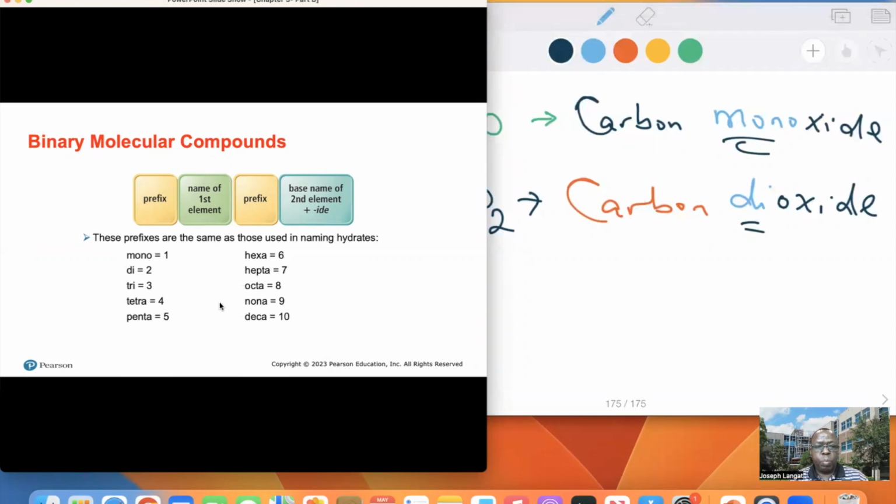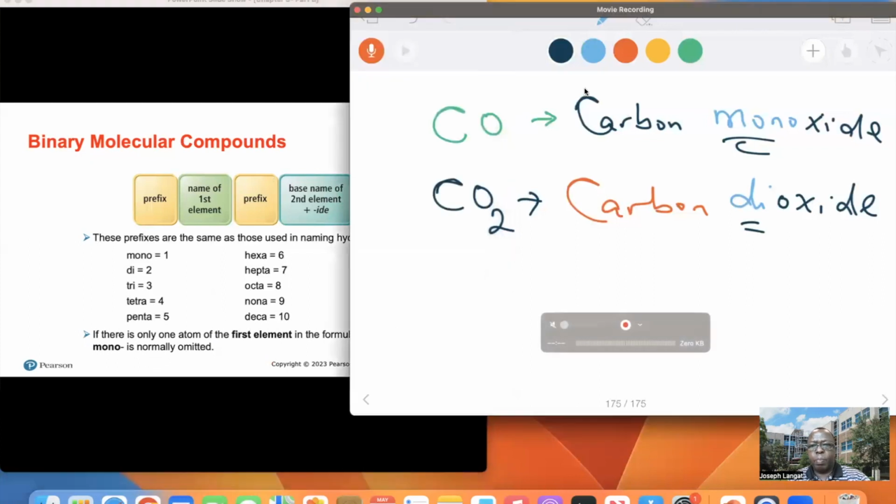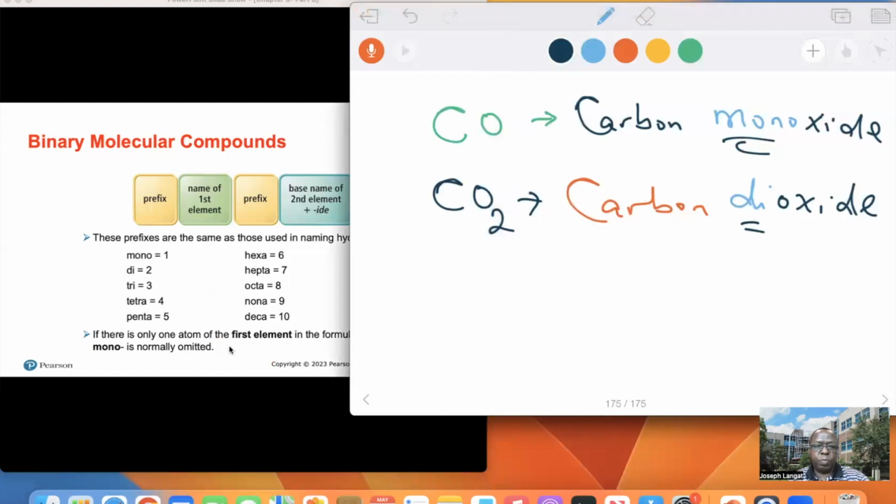This is what you will be using, unlike the criss-cross method used for ionic compounds. Do not think that we use the crossover. If there is only one atom of the first element in the formula, the prefix mono is normally omitted. What does that mean? We do not say monocarbon dioxide. Please take note of when to use mono.